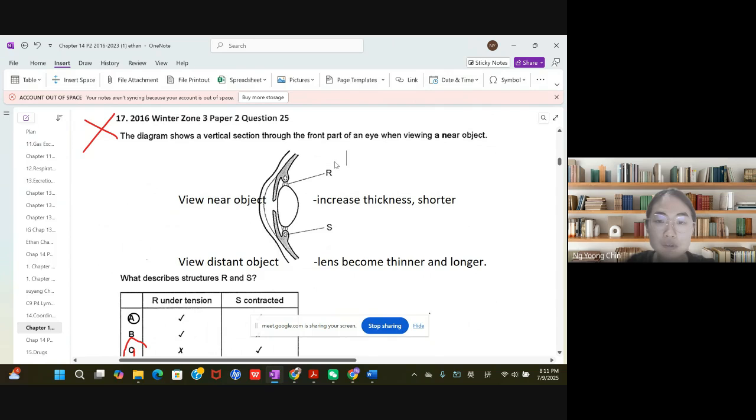R is the suspensory ligament. The suspensory ligament is attached to the lens. So R is a suspensory ligament. And then this one, S. What is holding R? It's the muscle. We call it the ciliary muscle.